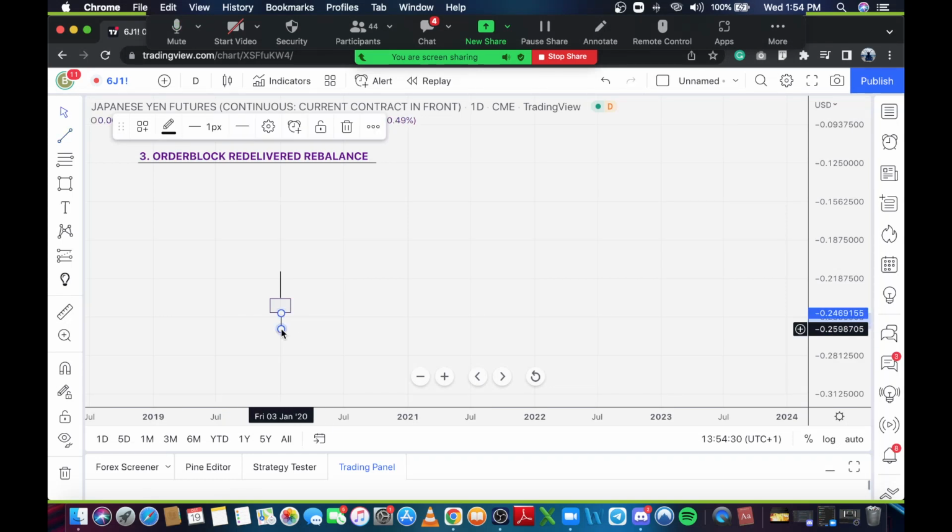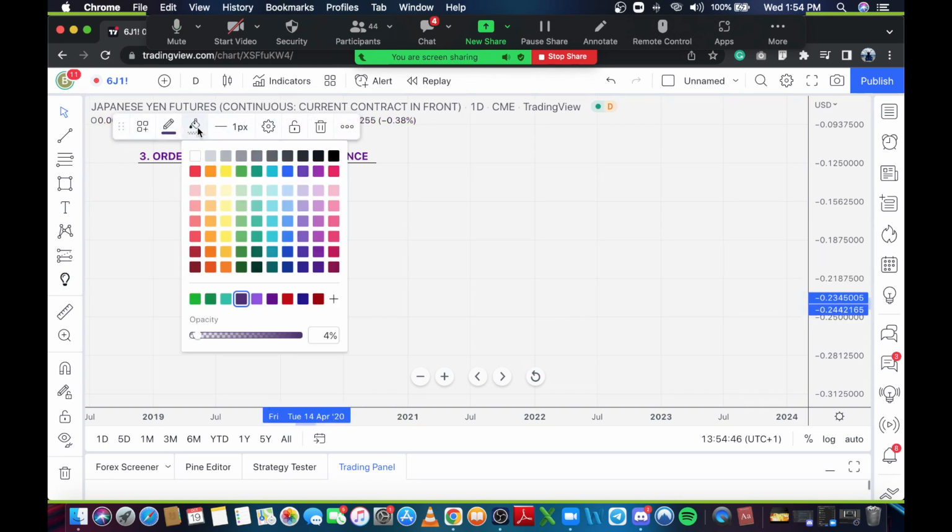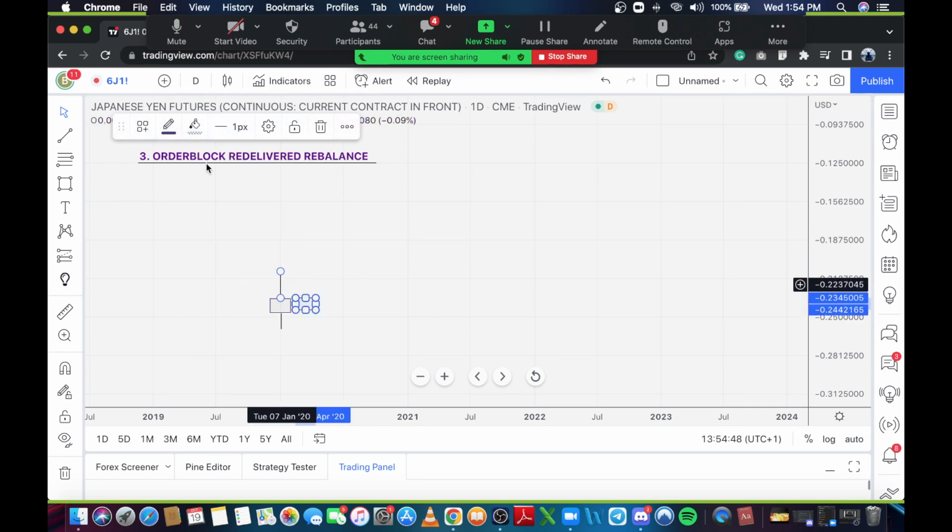All right. Now, here we have bullish delivery, and then what we have next is a down candle, which is kind of like a bearish order block. Sorry, bullish order block. So the candle that makes the redelivery balance is actually a bearish candle. So let me fill this with black.